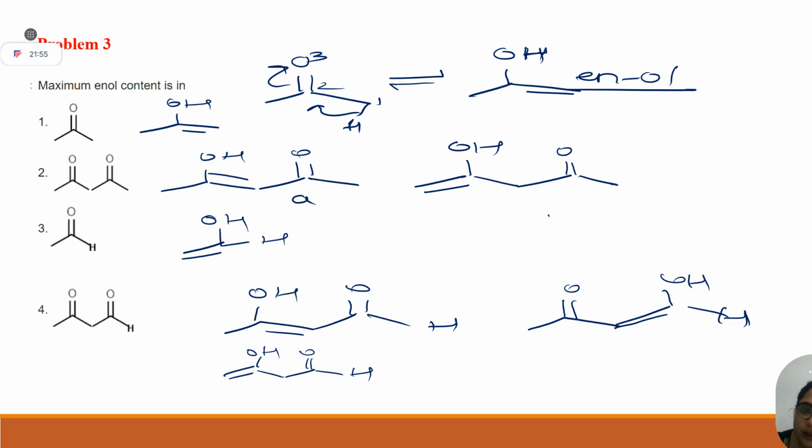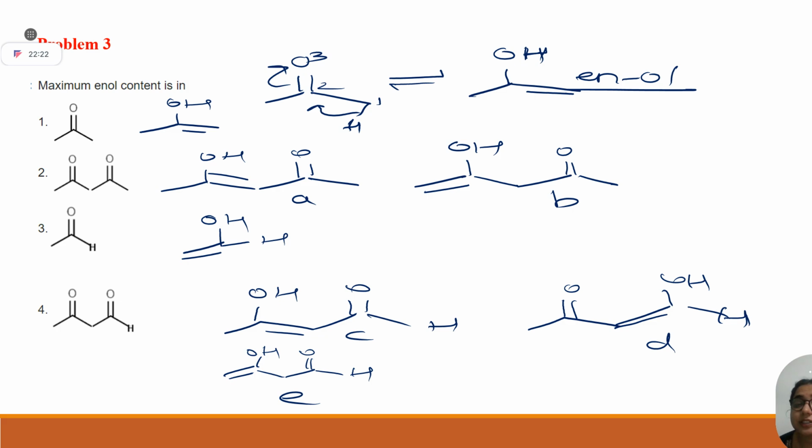In A, B, C, D, and E, which enol is most stable and why? Okay, let me reframe my question. How to check enol stability?